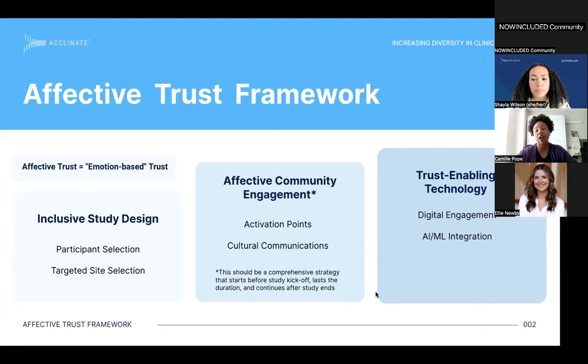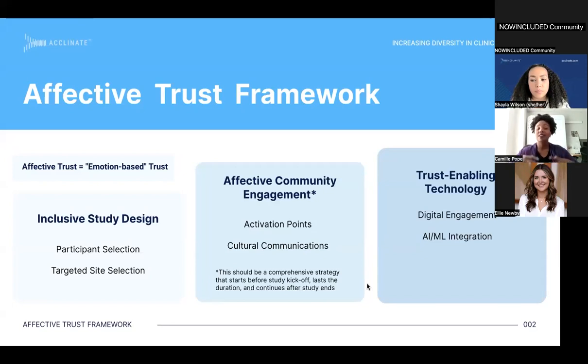And so we'll talk a bit about how we use digital and in-person strategies to highlight this pillar within the work that we do. And then the second subcomponent for trust enabling technology is leveraging AI and ML to better predict who you should be engaging and who might be leaning in more to clinical research or who may just need a bit more time, but more education to help them make a decision.